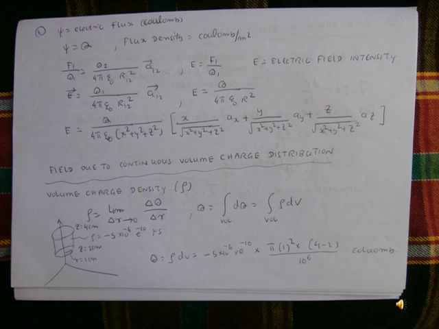The electric field intensity is Q divided by 4 pi E0, bracket A square plus Y square plus Z square, multiplied with X divided by square root of A square plus Y square plus Z square plus Y divided by square root of A square plus Y square plus Z square plus Z divided by square root of A square plus Y square plus Z square. Next, the field due to continuous volume charge distribution.